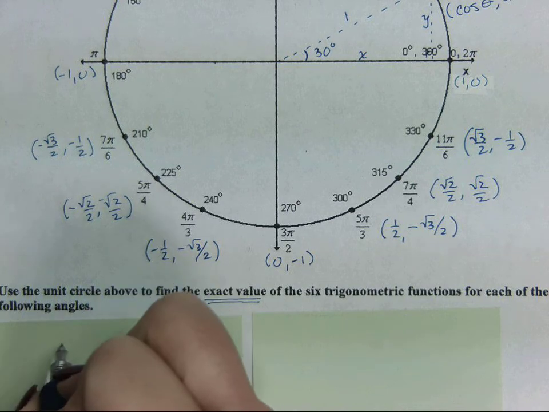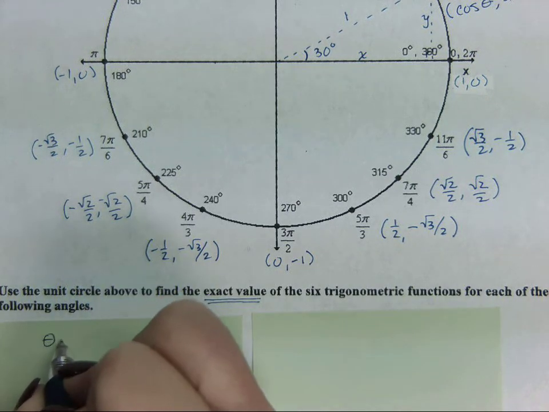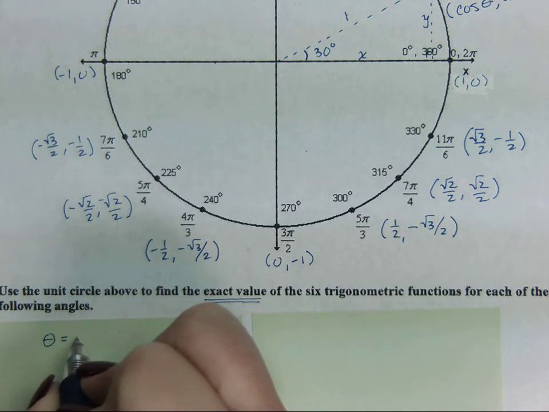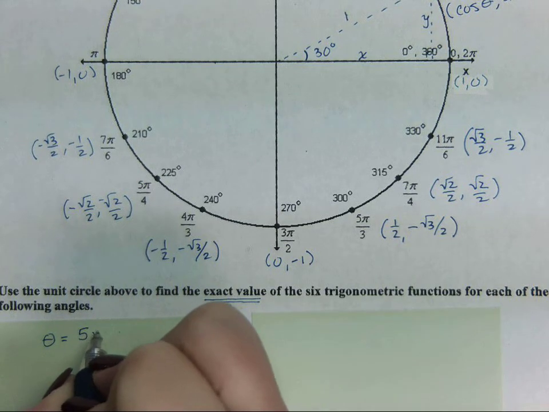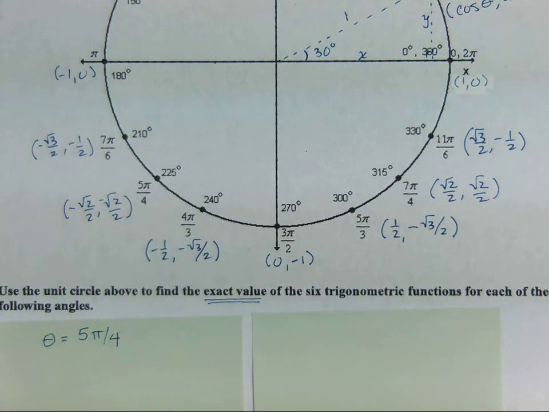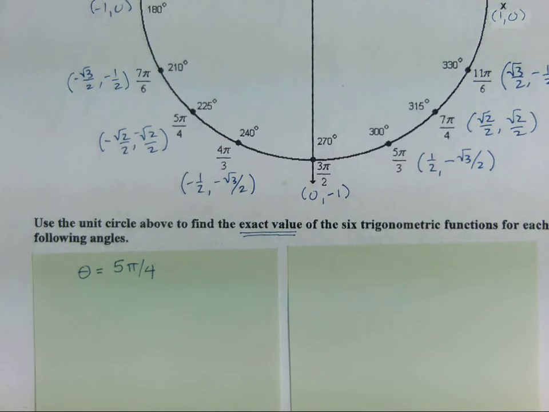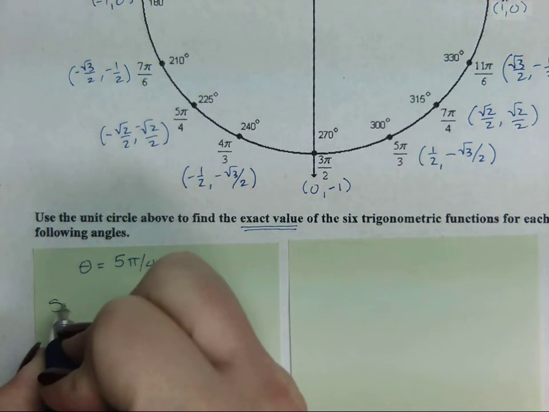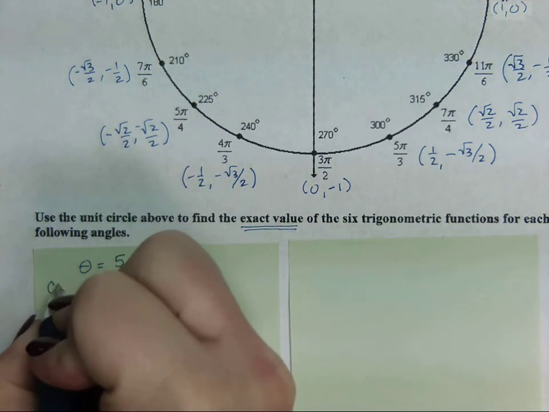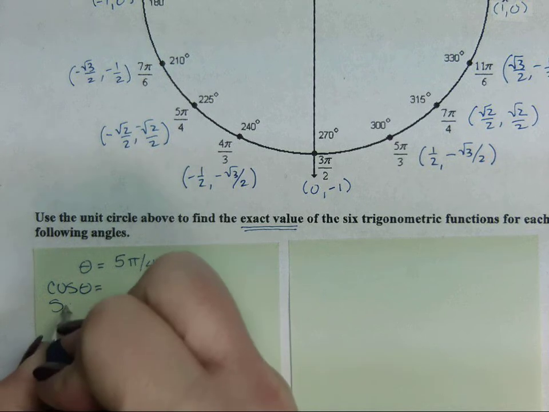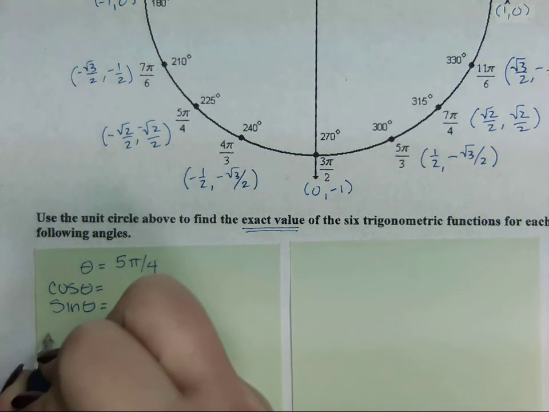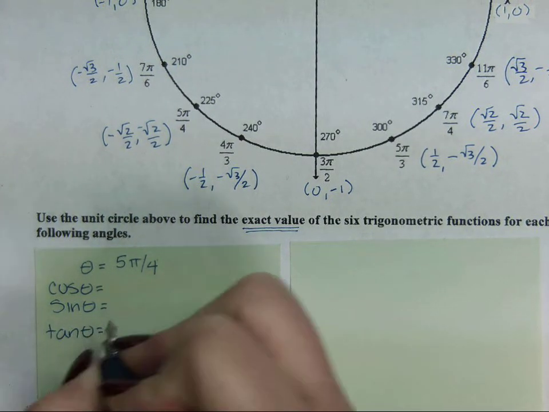Say, for example, we have the angle 5 pi over 4. And for that angle, I want to be able to identify the cosine of the angle, the sine of the angle, and then again, the tangent.